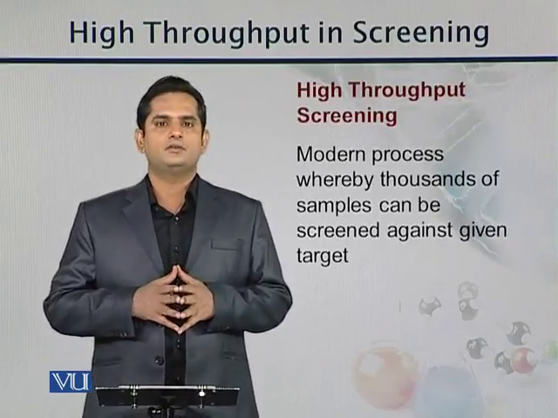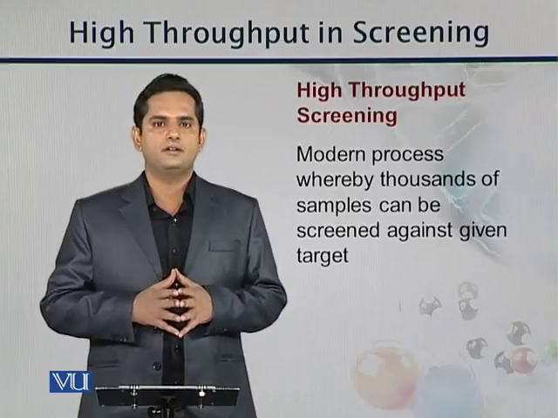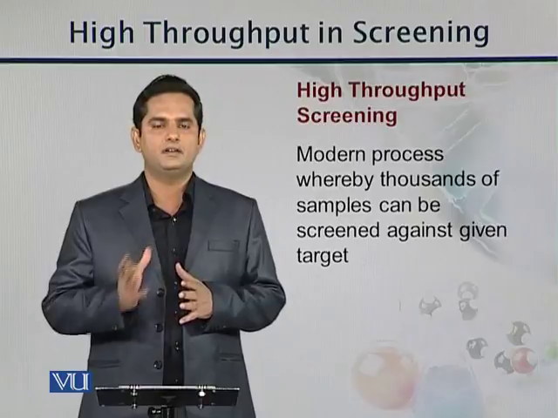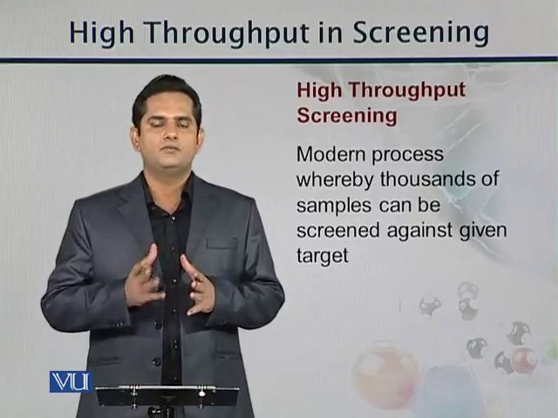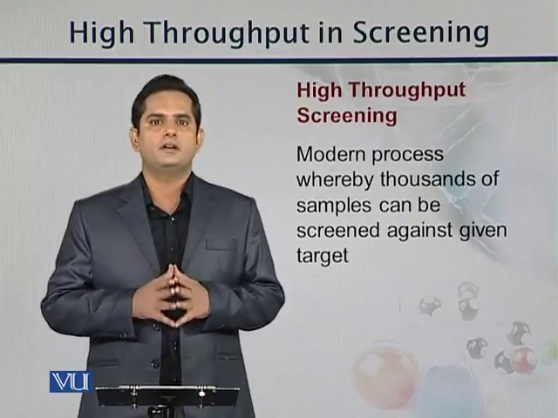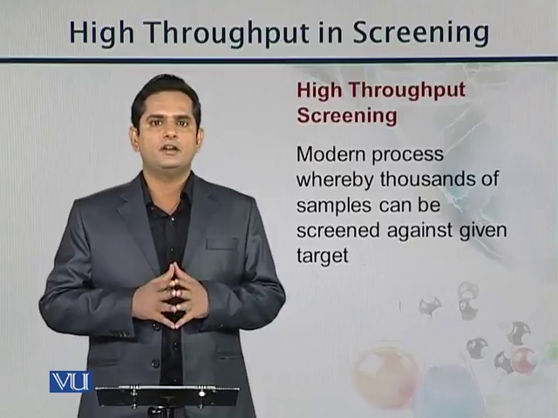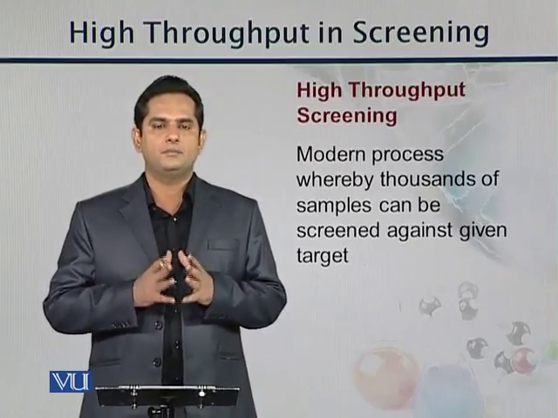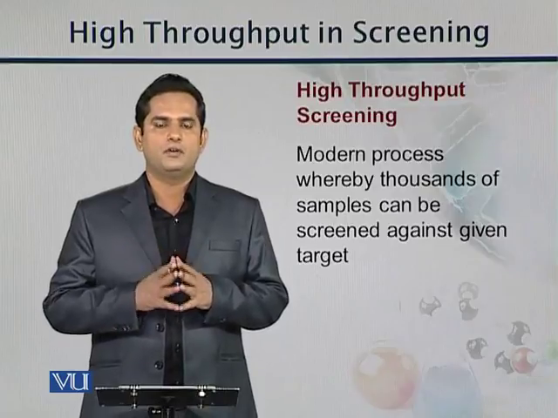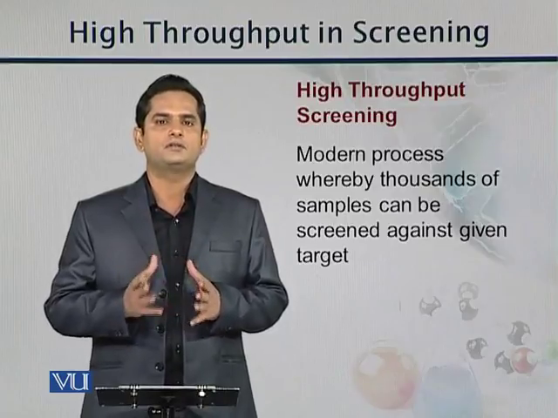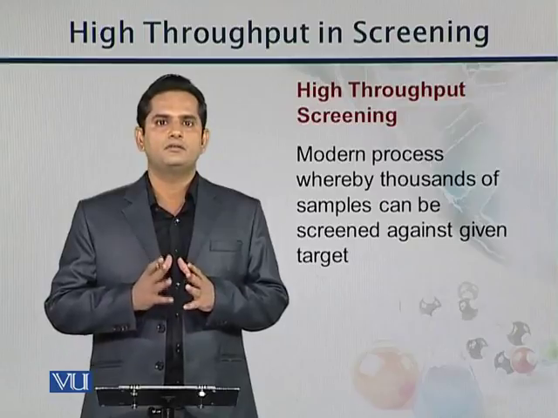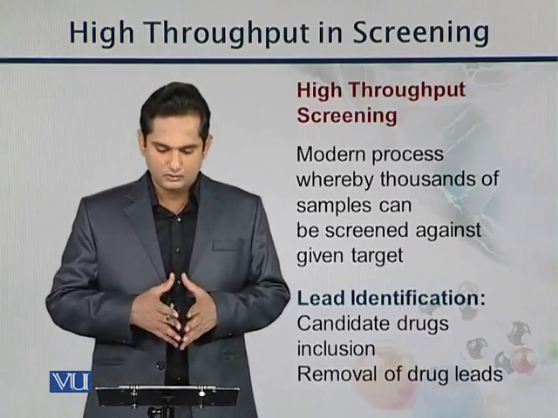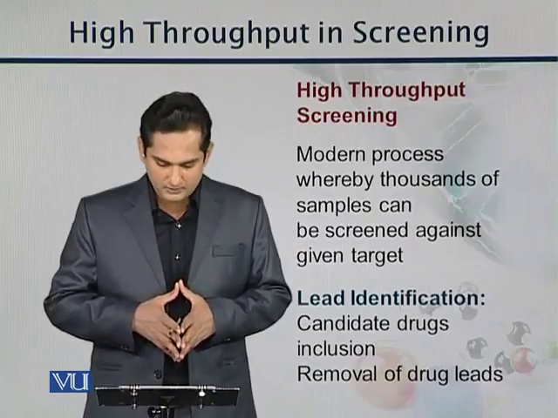On the other hand, what is high throughput screening? As we already said, high throughput screening can be defined at two levels. One is at the physical level and the other is virtual screening, which is at the software level. High throughput screening gives us the option of performing experiments on thousands of proteins or gene expressions in one go. So what are the other advantages?